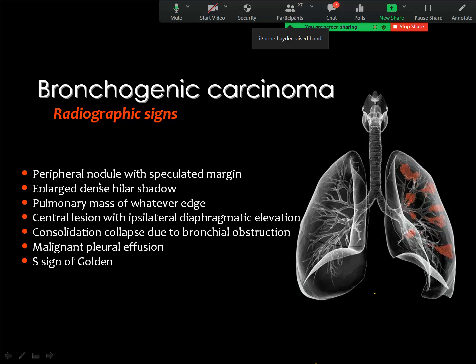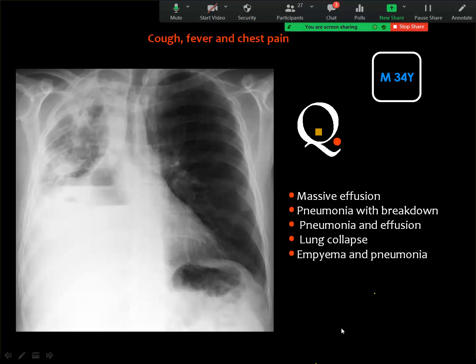Number one is a peripheral nodule with a spiculated margin, or enlarged dense hilar shadow, or pulmonary mass of whatever edge and whatever density. It should be solid, of course, whether it contains calcium or not. Or you got a central lesion with ipsilateral diaphragmatic elevation due to phrenic nerve paralysis, and a consolidation collapse due to bronchial obstruction, malignant pleural effusion, and the S sign of Golden.